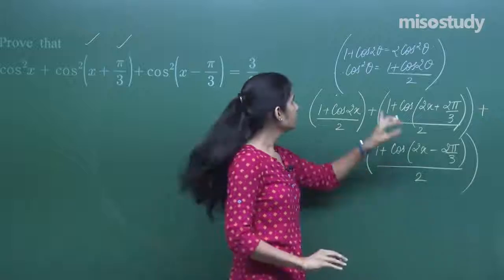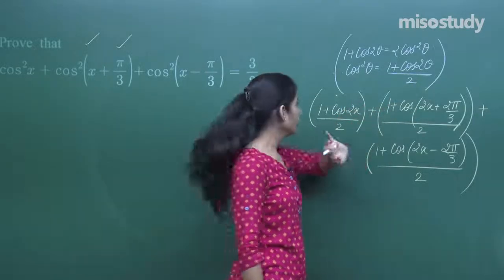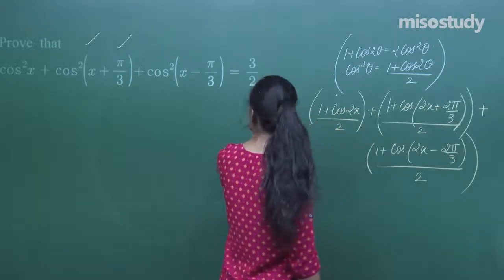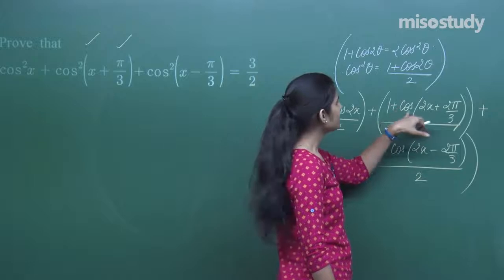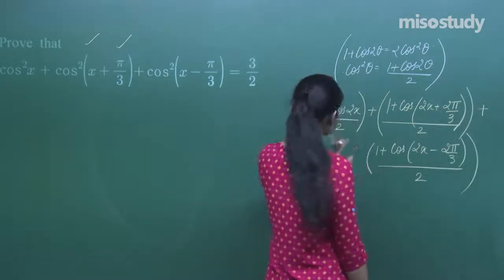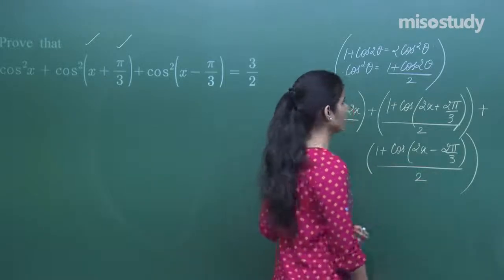I have done nothing. Cos square theta I have replaced by 1 plus cos 2 theta by 2. Cos square x is replaced by 1 plus cos 2x by 2. Cos square x plus pi by 3 is replaced by 1 plus cos 2x plus 2 pi by 3 whole upon 2, and cos square x minus pi by 3 is replaced by 1 plus cos 2x minus 2 pi by 3 whole upon 2.